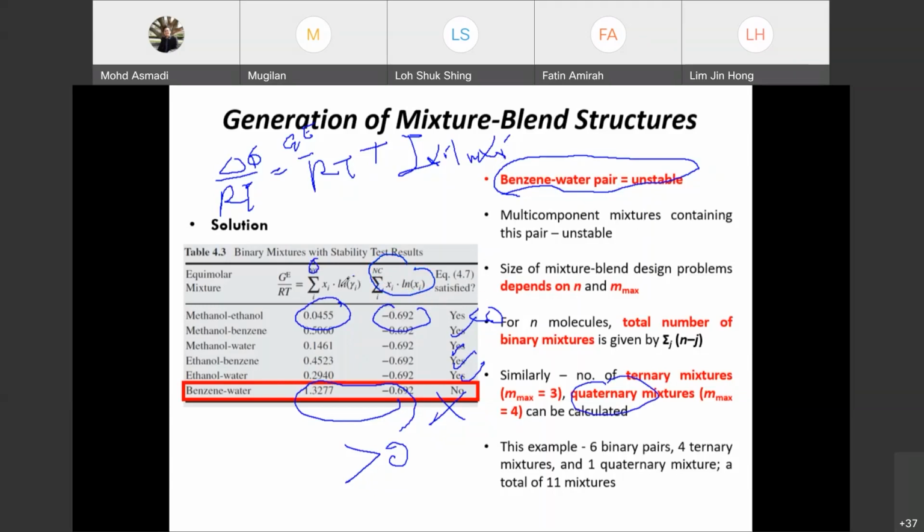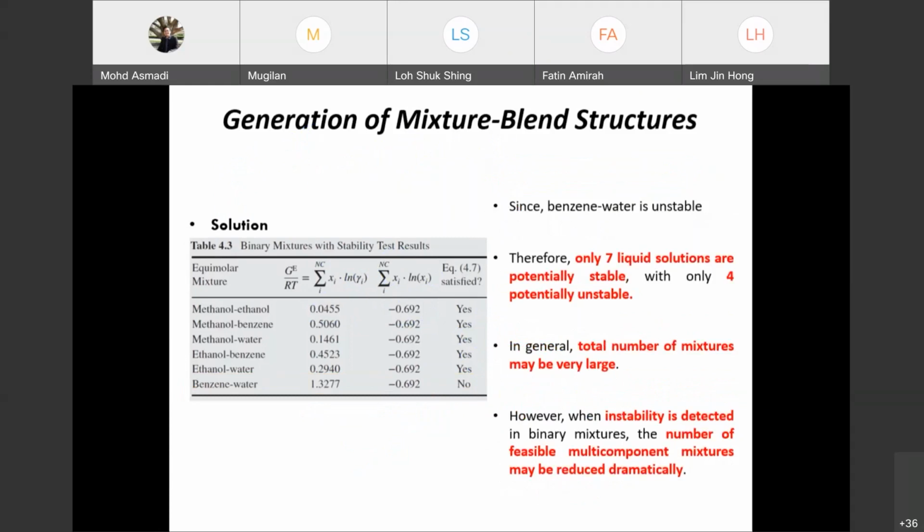This one is gamma i, you can calculate or determine from the engineering handbook for each temperature. For example, this is example 6: binary pair, ternary mixture, and one quaternary mixture, total 11 mixtures. Since benzene and water is unstable, only 7 liquids are potentially stable and 7 are potentially unstable.